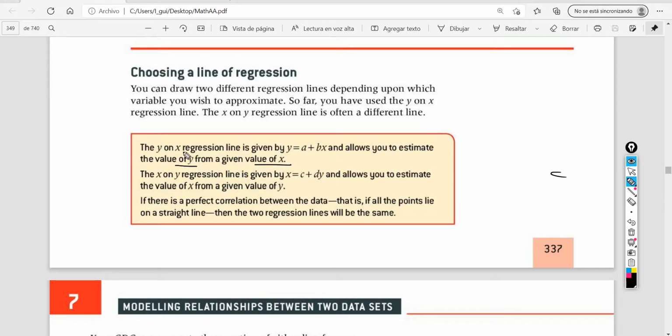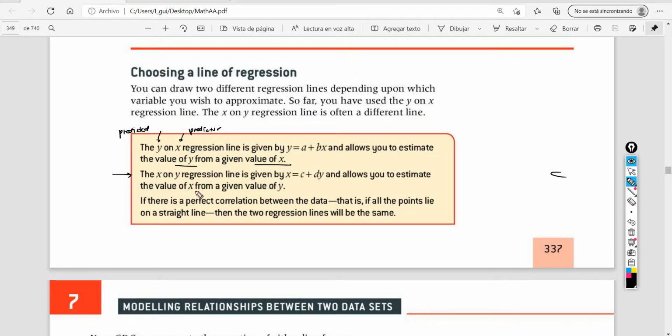That's what we mean by y on x. We want to predict this based on this. This is the predicted, and this is the predictor variable.